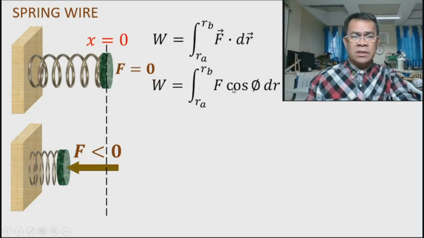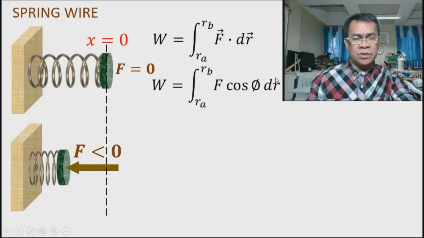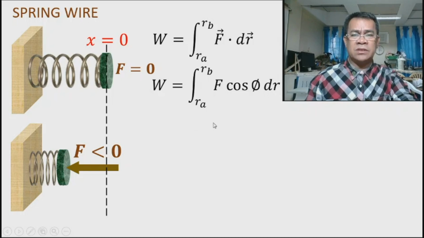Take note, the dot product means cosine, and the cross product means sine. So F dot dr is F cos dr. Always remember that this angle is the angle from the displacement towards the force of action. And these are the limits, meaning this is the initial position and this is the final position, because dr is a position.